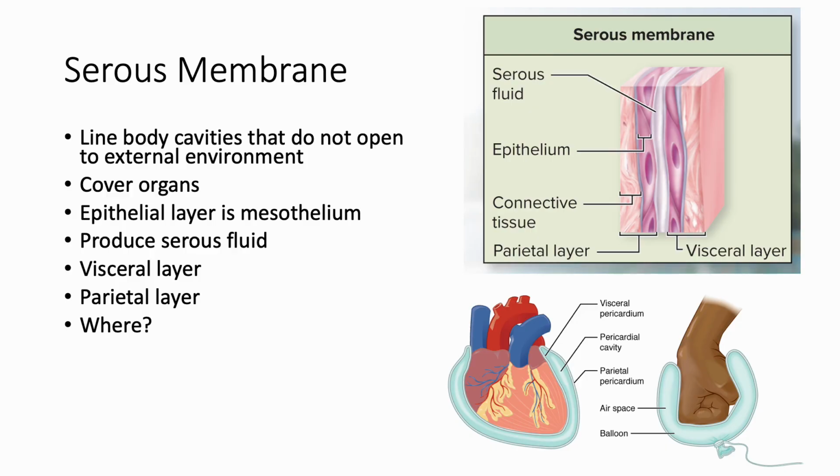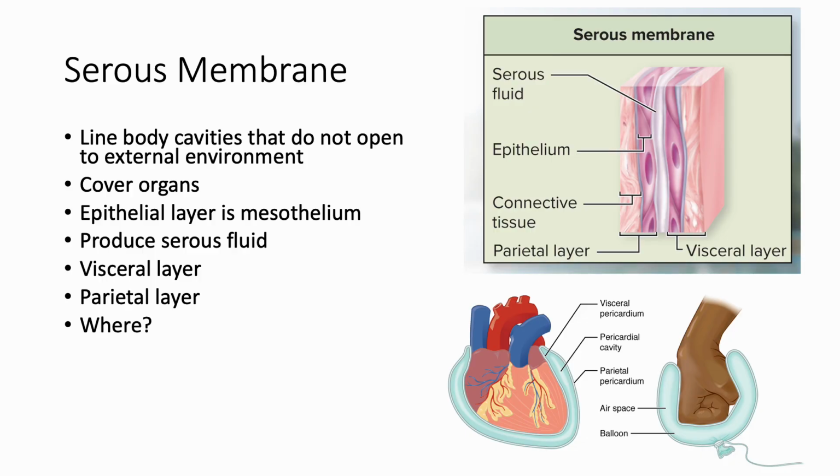But I wanted to bring back the figure that we looked at in lesson 1 to remember that what this is doing is we have a cavity that's filled with that space or that serous fluid. And so the membrane that's against, in this case, we would call this the pericardium, because this is the heart we're looking at.